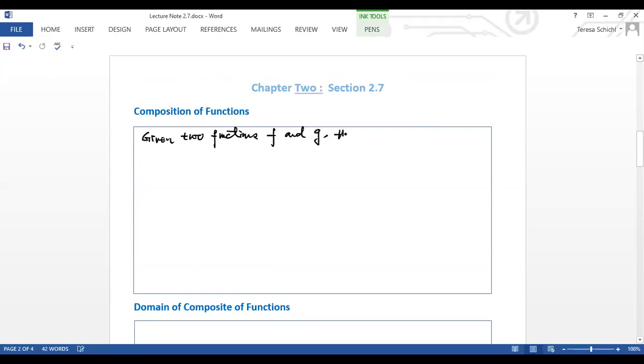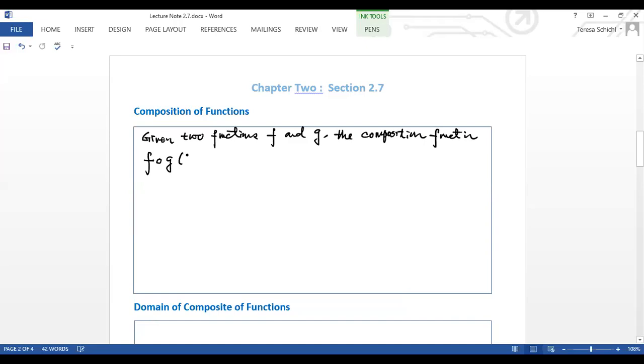So the composition of functions, we use this notation f little o g.